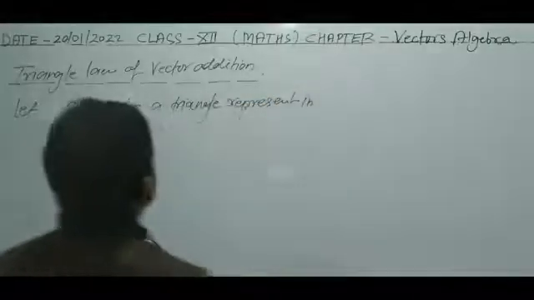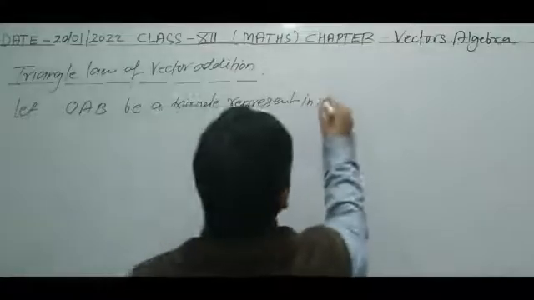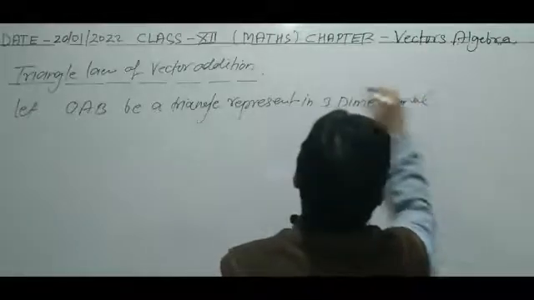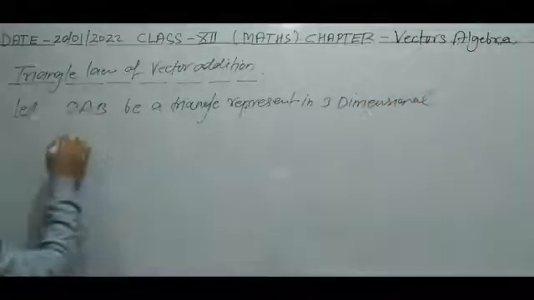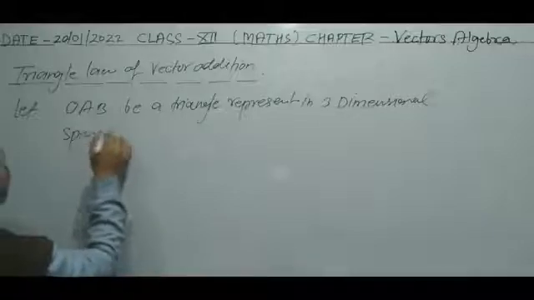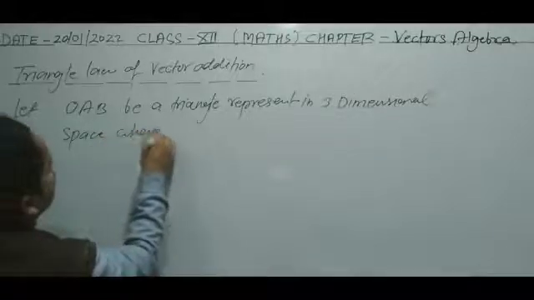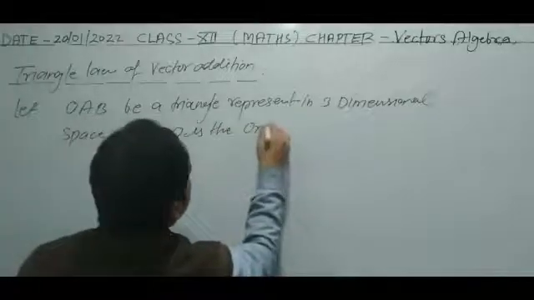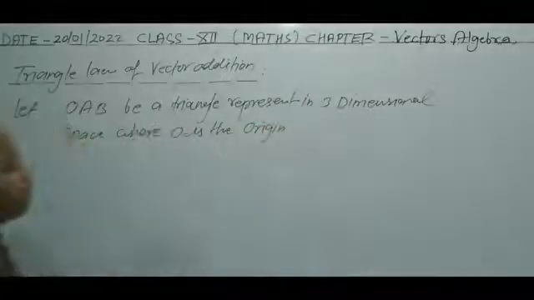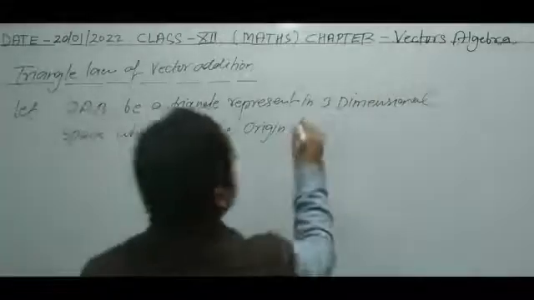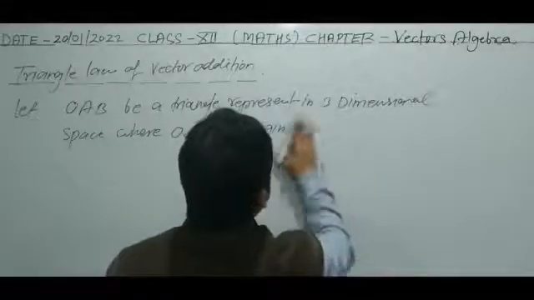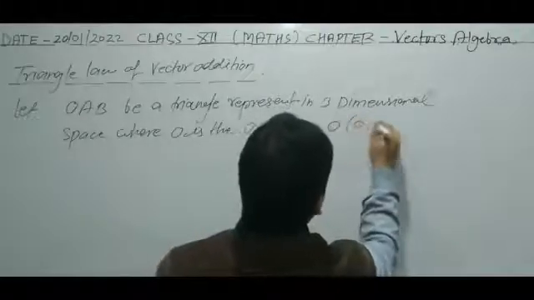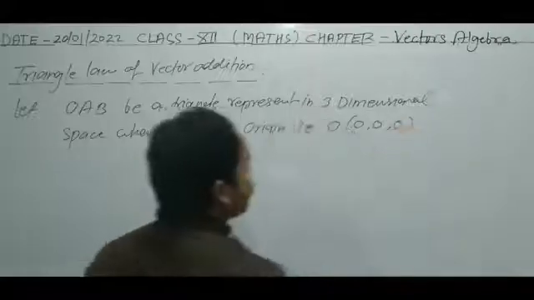Let OAB be a triangle represented in three-dimensional space, where O is the origin, that is, O has coordinates 0, 0, 0.